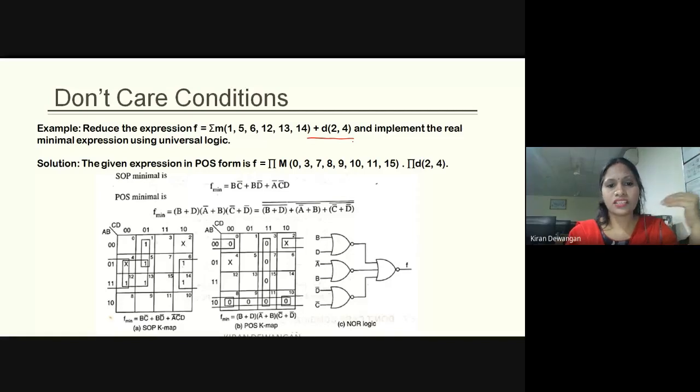Now we need to understand how we'll implement it. The given expression in POS form can be written in this way. Is the screen visible to you? Yes, ma'am. Okay.